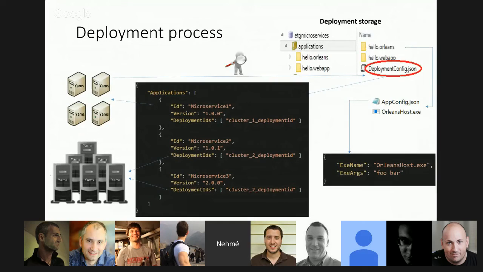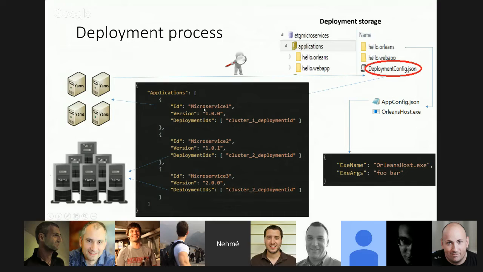Okay, so to think about YAMS, you can think of YAMS as just a process running in Windows. It's installed to all the VMs in your cluster, and it keeps watching the deployment storage. That's blob storage for now. Blob storage contains a list of applications that you want to deploy, and a deployment config.json file that explains what you want to deploy and where.